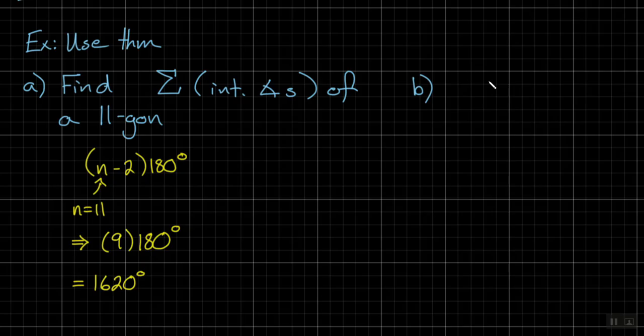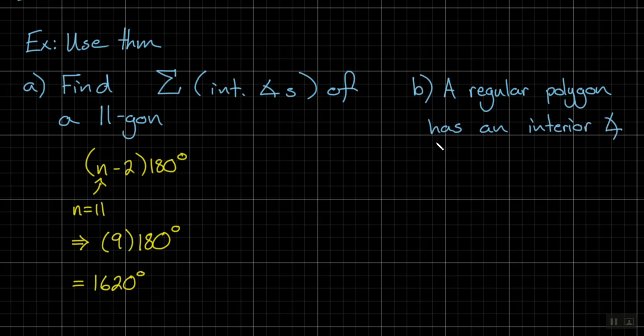We're going to switch the way this problem is presented a little bit. I'm going to tell you instead on this problem, a regular polygon, which, what does regular mean again? All the sides and angles are congruent. So a regular polygon has an interior angle of, lost my spot here, sorry.